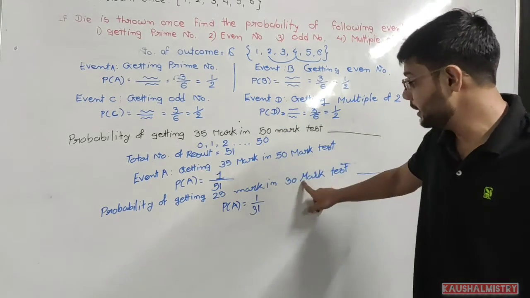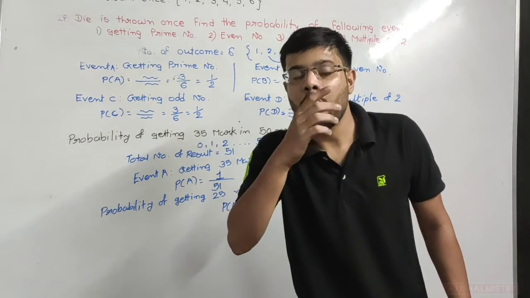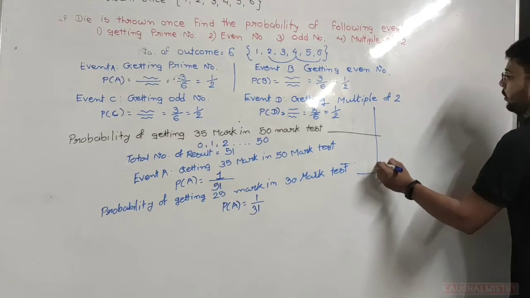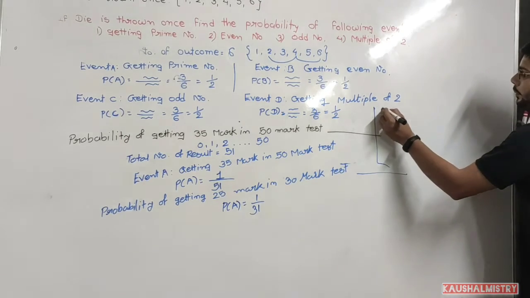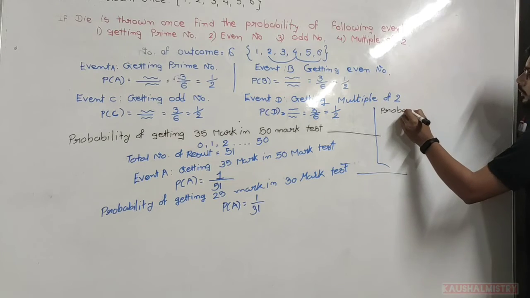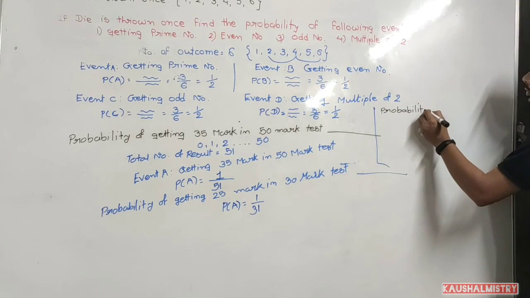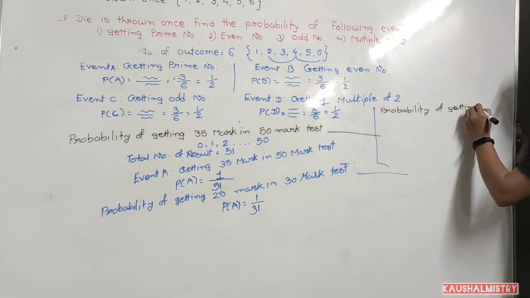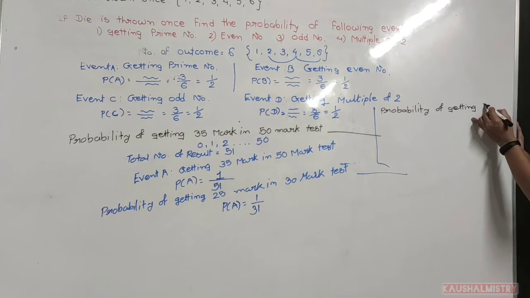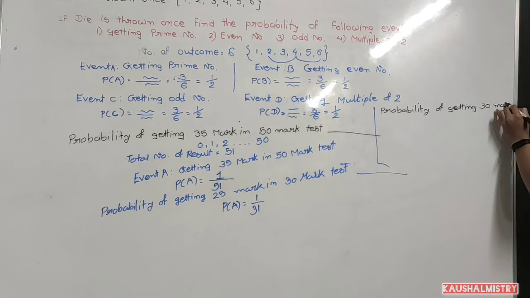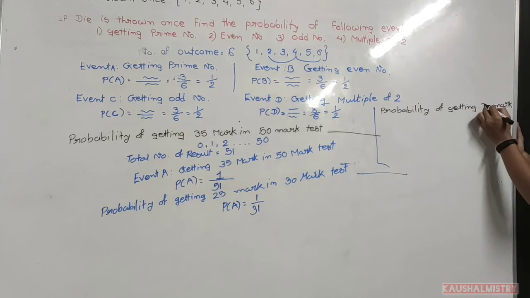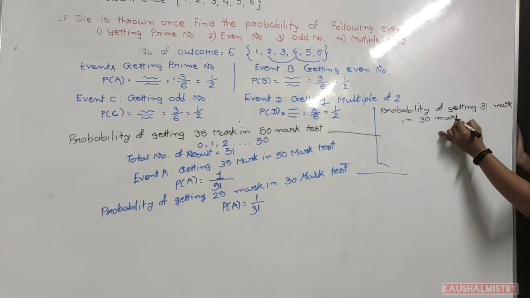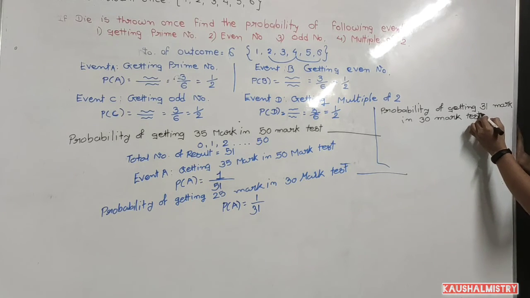But if it is a 30 mark paper and you are asked the probability of getting 31 marks in a 30 mark test, what will the answer be?